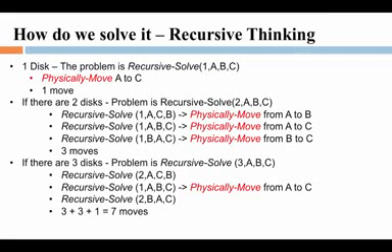That is, let us assume that you want to solve the case of the problem when you have 3 disks in tower A. Now if you know how to move 2 disks, then can you solve the case of the problem when you have 3 disks?